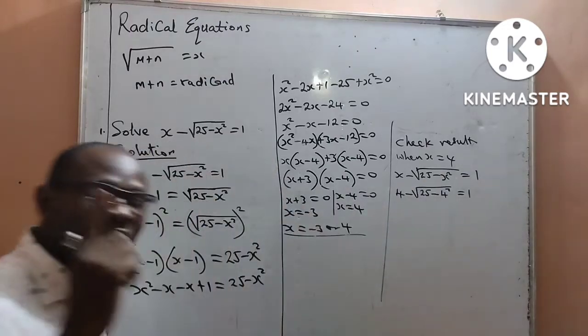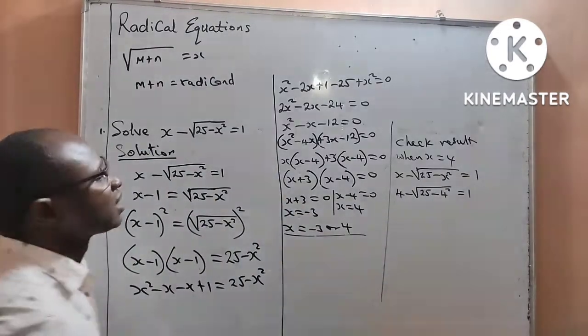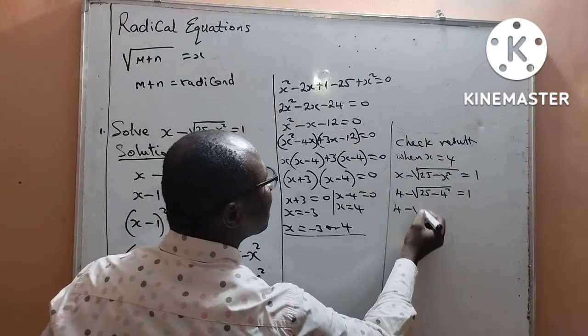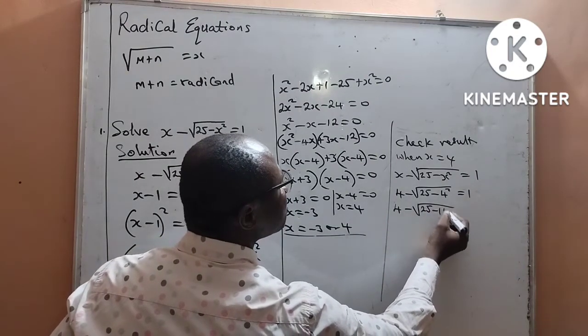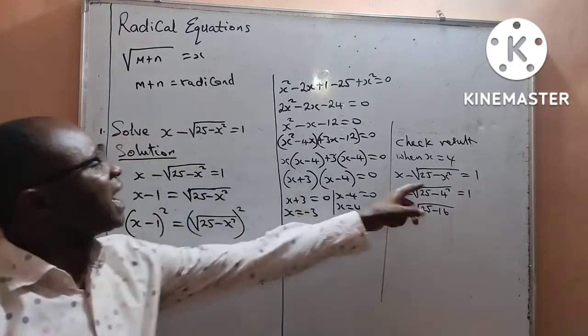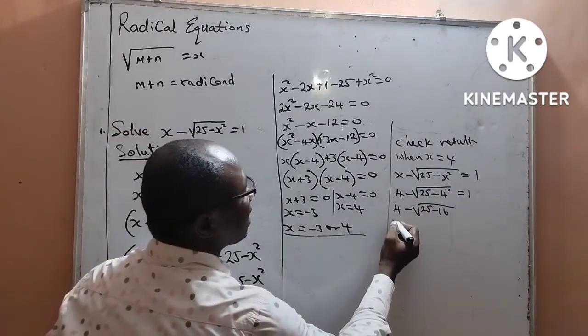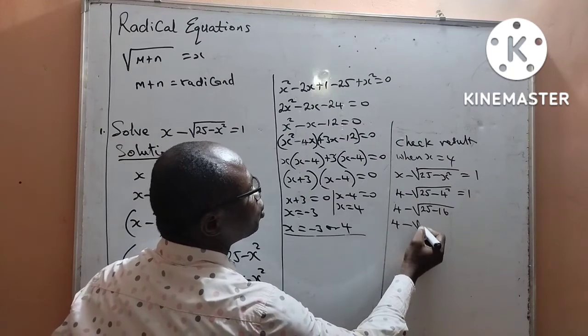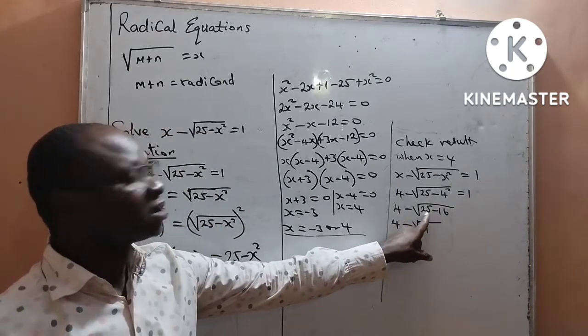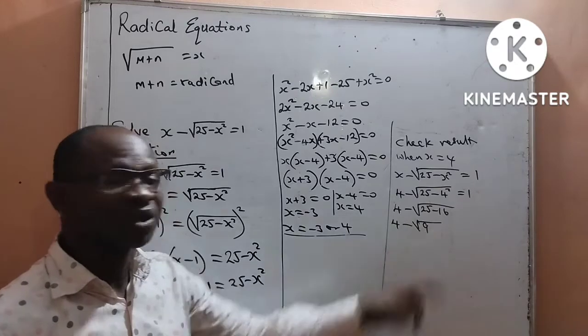Is it equal to 1? That is what I want to test. Therefore, I have 4 minus the square root of 25 minus 16, replacing x with 4. So I have 4 minus the square root of 9, because 25 minus 16 gives me 9.